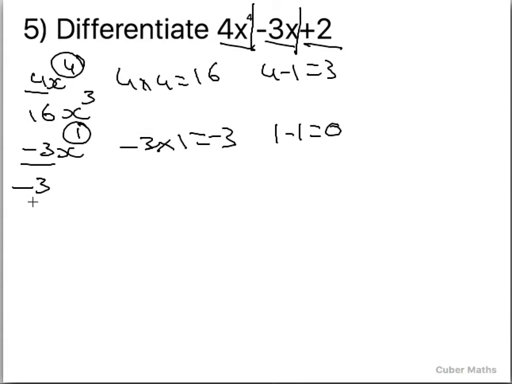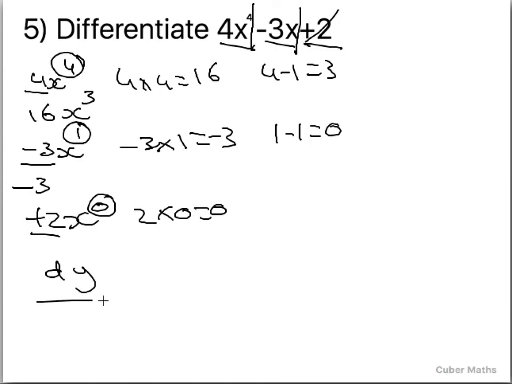Take our last bit, which is plus 2, x to the 0, as we've said before, if there's no x after it, it's just x to the 0. So if we take our number in front, which is 2, and our 0, 2 times by 0 is going to give us 0. So we just forget about this bit on the end. So altogether, dy by dx is going to be 16x cubed minus 3.